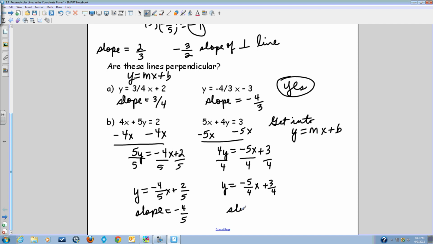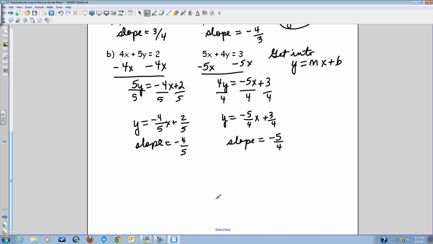So the slope of this line is -5/4. Now the question is, are these slopes negative reciprocals of each other? And no, they're close. They are reciprocals, but not negative or opposite reciprocals, because they both have the same sign. They need to have opposite signs. So we're going to say that these are not perpendicular.